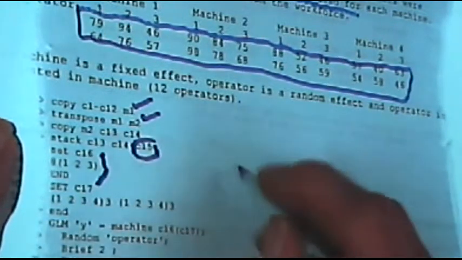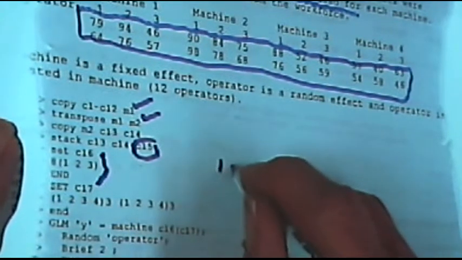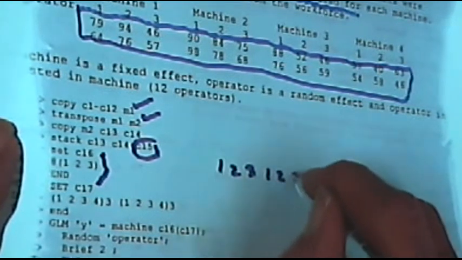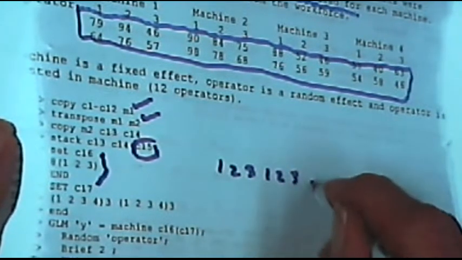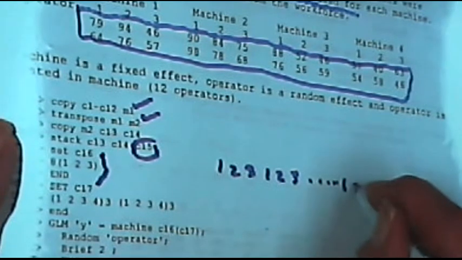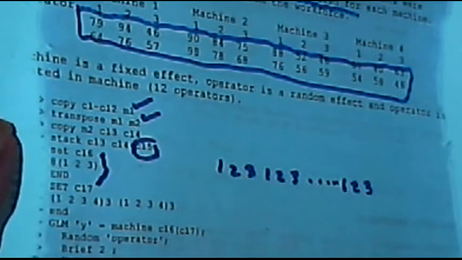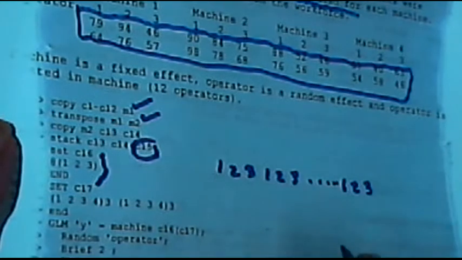This is going to give me a 1, 2, 3, 1, 2, 3, and then that's repeated up to 8 times. 1, 2, 3. Okay, so that's C16.